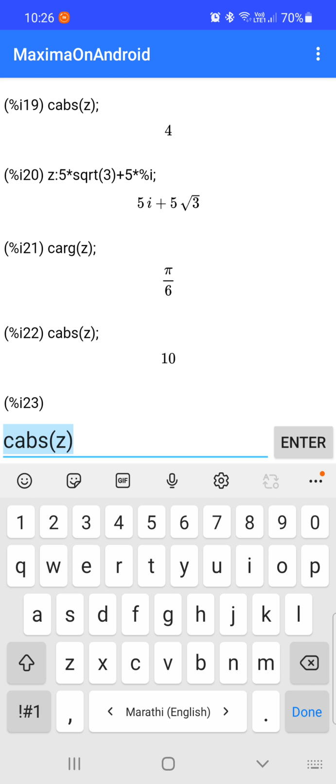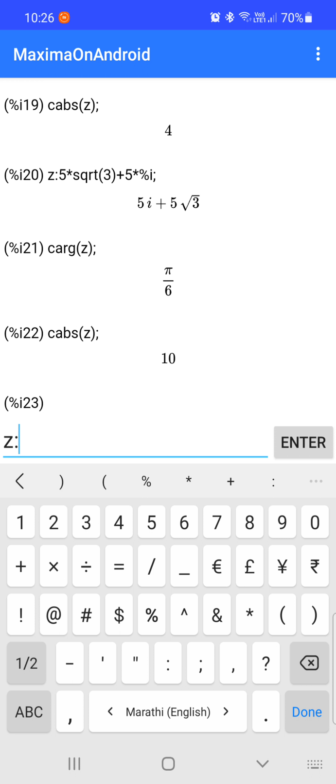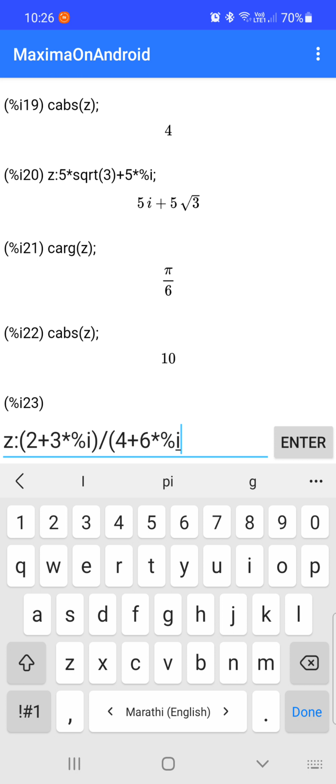You can also find the real and imaginary part of, say, a complex number. Say z is equal to 2 plus 3%i divided by 4 plus 6i.